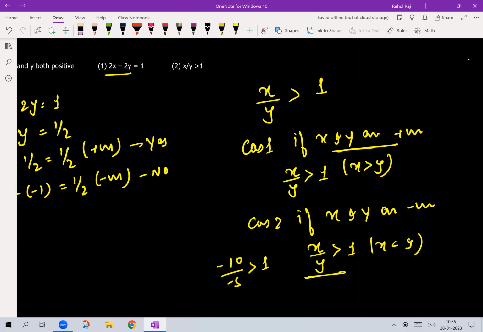We are not only talking about a positive fraction, where the signs of X and Y are the same; we have an additional case, a fraction greater than 1. You can't say 1 by 2 is greater than 1. A fraction can be greater than 1 only when the numerator is greater than the denominator, so that's what we have put here.